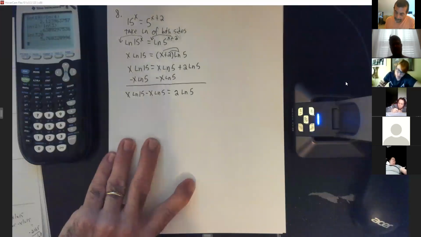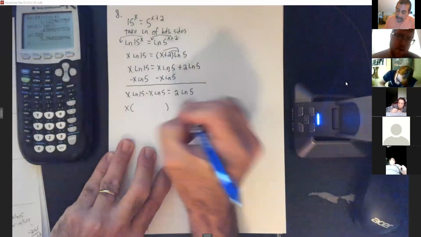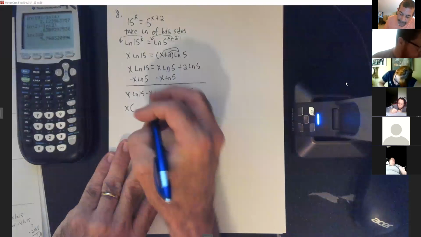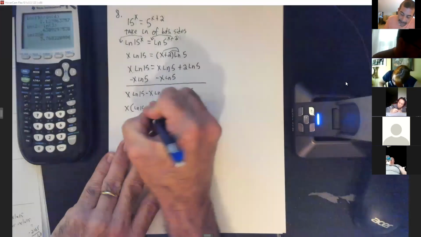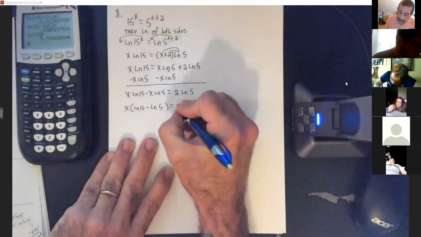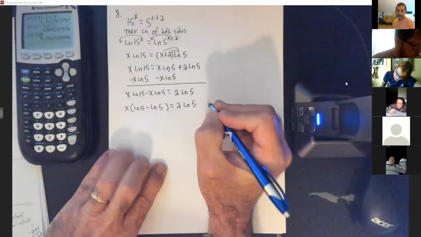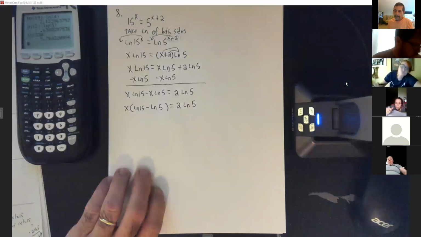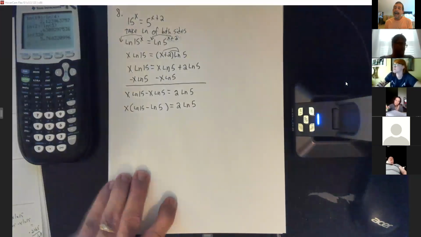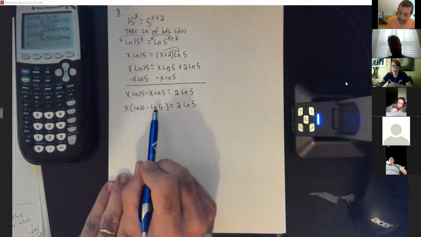Yeah. So we're going to break out the x, and in parentheses, we'll put the ln 15 minus the ln 5. That's going to equal my other side, which is 2 ln 5. Now we're going to divide both sides by ln 15 minus ln of 5.